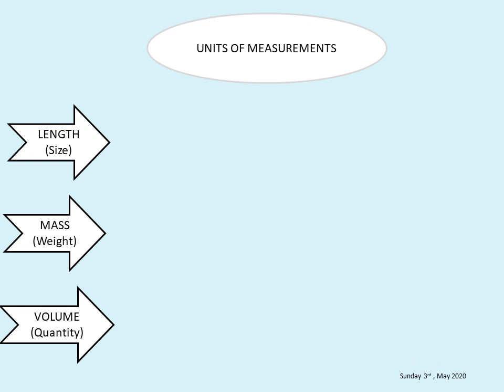What is the capacity this bottle can take? This bottle cannot take more than 350 milliliters. That means if I have 400 milliliters of water, this bottle cannot contain it because it's too small for 400 milliliters of water. That is the third category of measurement, volume. So don't forget we have first category of measurement, length, second one, mass, and the third one, volume.